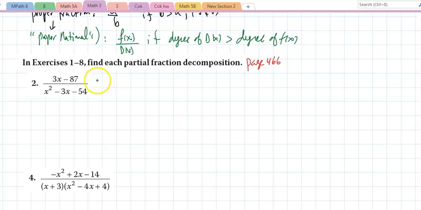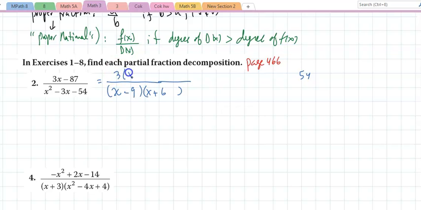So the book says, alright, write this as the product, so factor. And this would be x squared minus 3x minus 54, 6 times 9, 9 and 6.